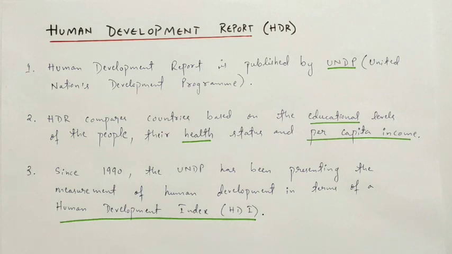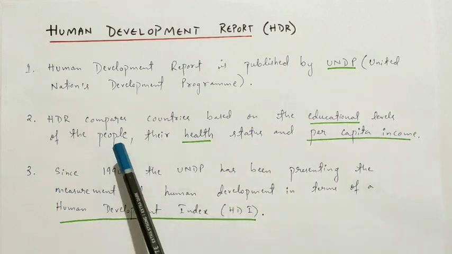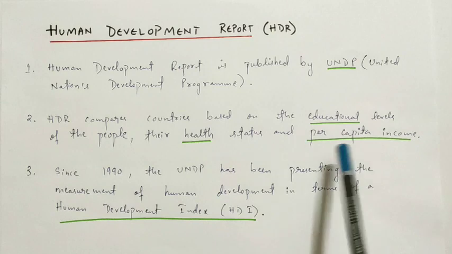And as World Development Report, which was brought by World Bank, is used in classifying countries on the basis of per capita income into developed and underdeveloped countries, Human Development Report compares countries based on the educational levels of the people, their health status, and per capita income.